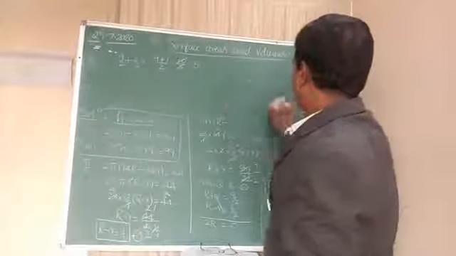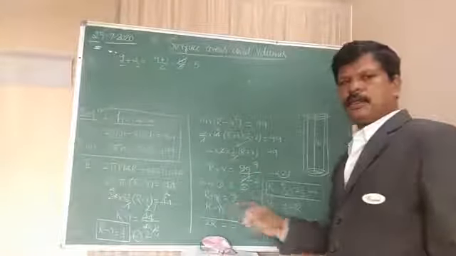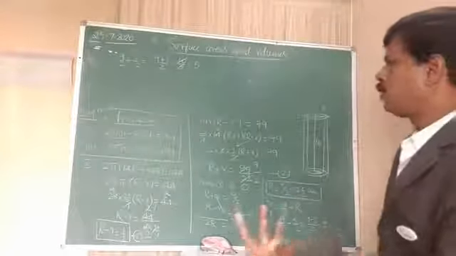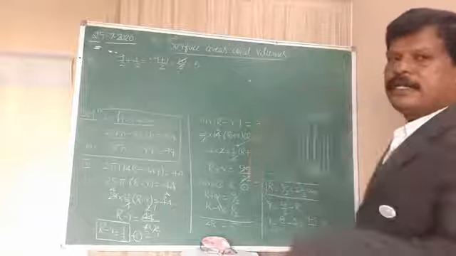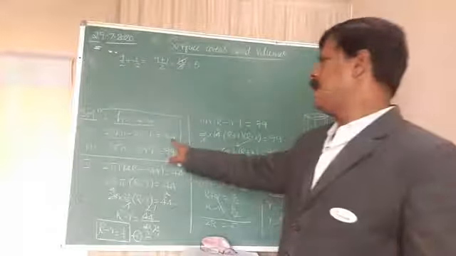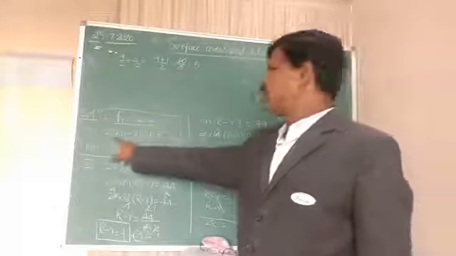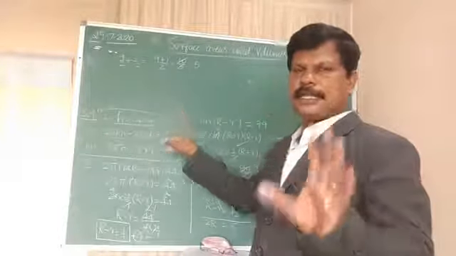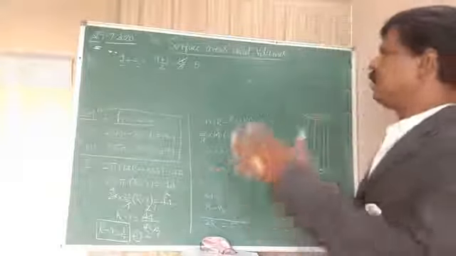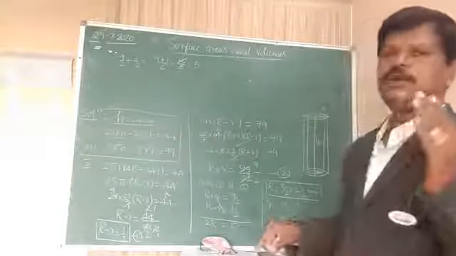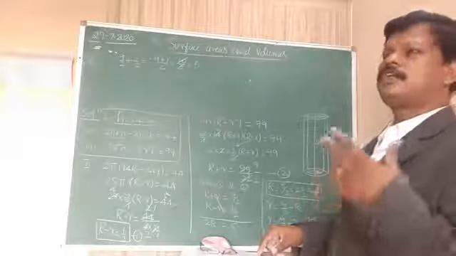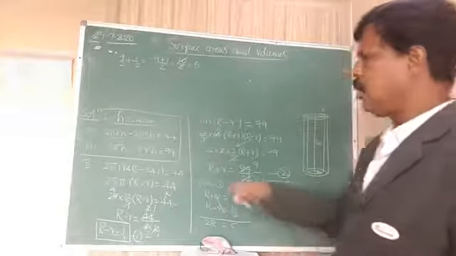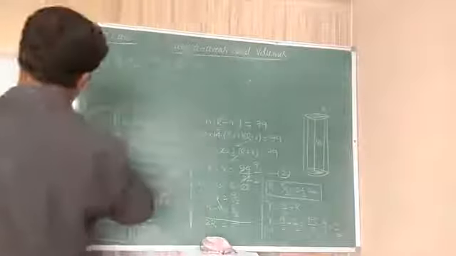Here they are given the difference between the outer curved surface area and inner curved surface area, they have given that as 44. So you should write that as 2 pi RH minus 2 pi rh. Keep it as it is. When the problem is given, you just note down how to write the formula instead of substituting the values. Always keep the variables, pi and r values.